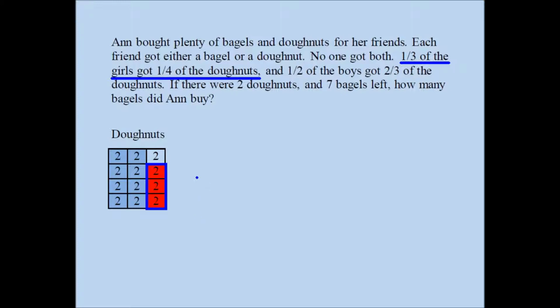So if this is a circle that represents all girls, and the circle is cut into thirds, and we know one third of the girls ate 6 doughnuts, so this has to be 6, and each of the other two-thirds has to be 6 as well.